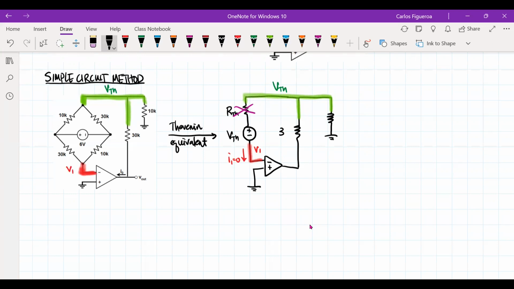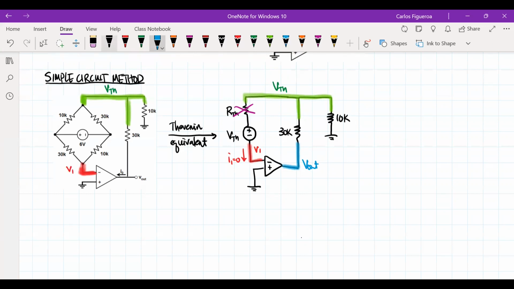So my real circuit really looks like that. So right here, I'm going to call this node vout. Okay, so I now know what my output node is right here.